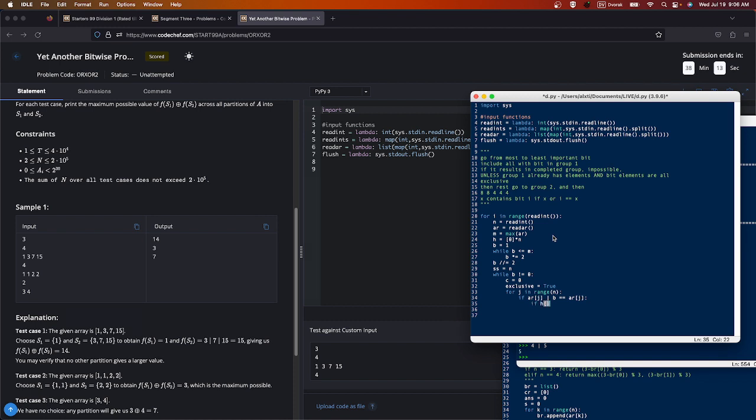Then if H[j] is 0, if none of them have it, then you can't really do anything with it. If it's not there, like it's a new element, then our count goes up by 1. Otherwise, exclusive becomes false.